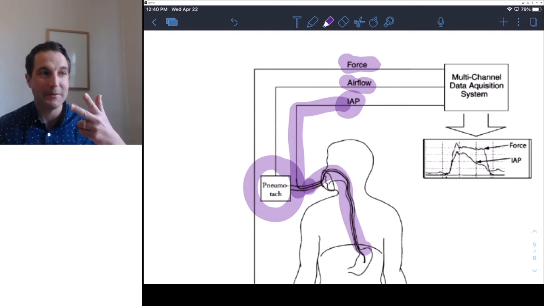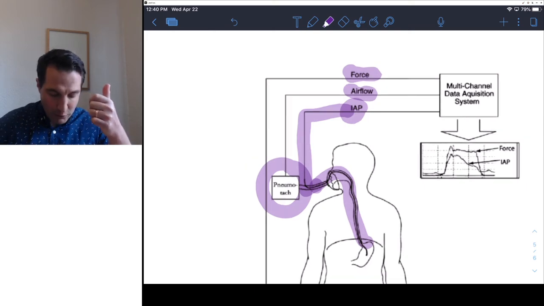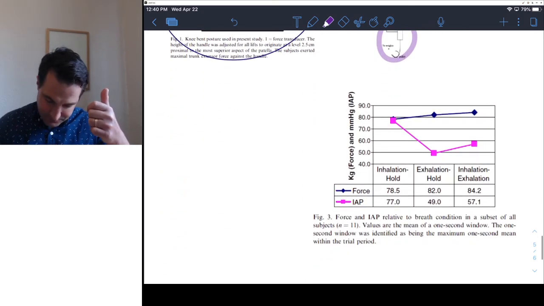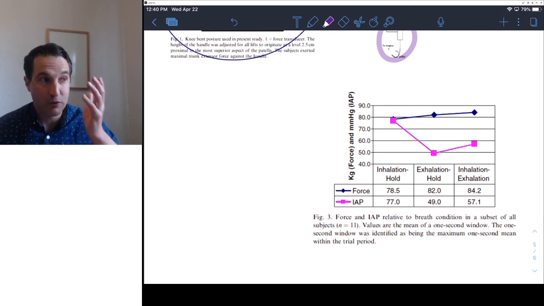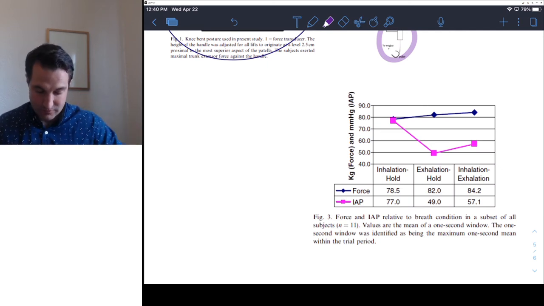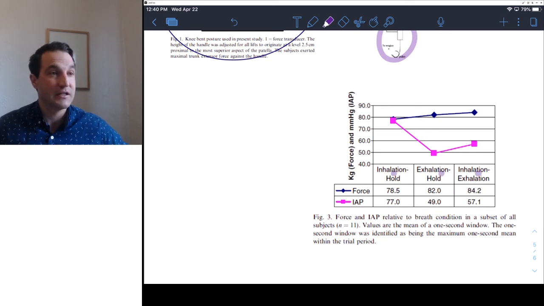Well, let's see what happens if they did this in 3 conditions. 1, breathe in before you do the contraction, and then hold your breath. Another, breathe out, I believe. Yep, breathe out right before the contraction and hold your breath out and then do the pull. And the last one was breathe in and then breathe out as you're doing the contraction. Okay? Inhalation hold, exhalation hold, and inhalation and exhalation.